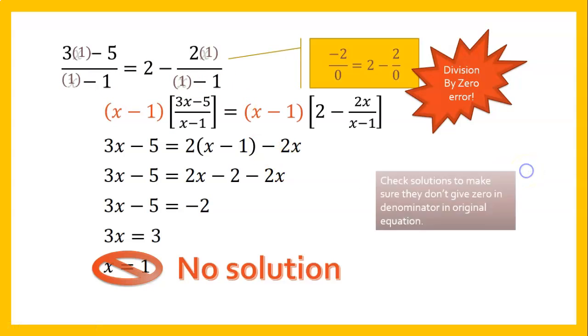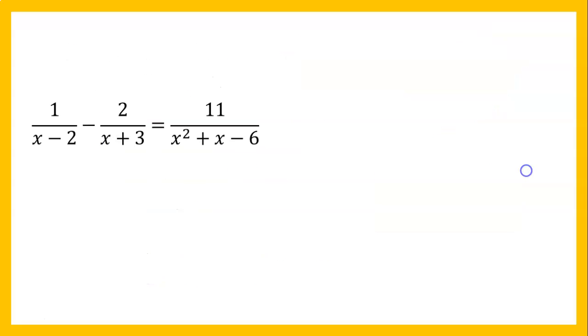Okay, one more example. 1 over x minus 2 minus 2 over x plus 3 equals 11 over x squared plus x minus 6. What's the lowest common denominator of all of these fractions? Well, that would be easier to see if this denominator were factored. Can you see how to factor that?